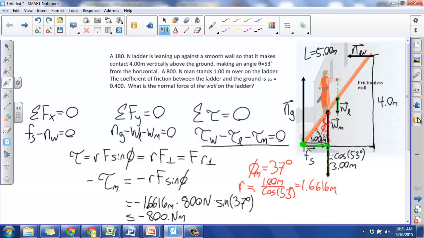You go either way until you are perpendicularly across from the force, and then perpendicularly across from the pivot, and that length from here to here, that is your R perpendicular. Well, what is it? Well, the whole length is 3 meters. This is half the length. So R perpendicular is 1.5 meters.